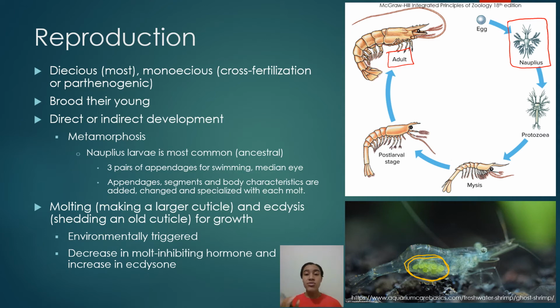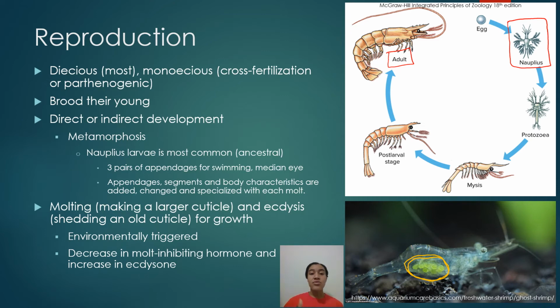And that environmental cue will start a cascade that will start to decrease the level of molt inhibiting hormone. And that molt inhibiting hormone is what's normally present that keeps the organism from undergoing ecdysis. But once the levels of this hormone decrease, the levels of ecdysone will increase. And ecdysone is the hormone that's responsible for initiating this process of ecdysis.